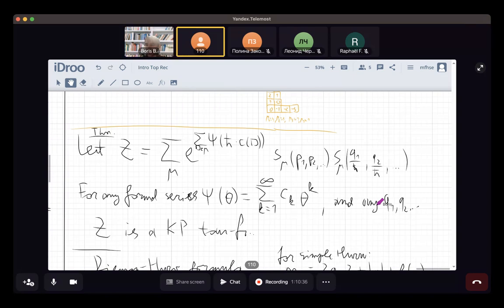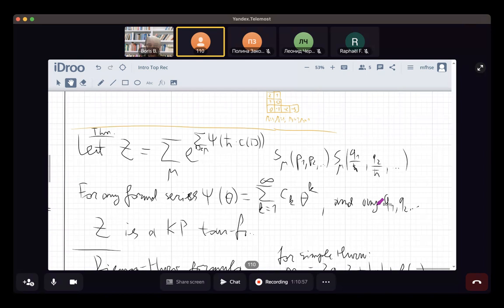anyway. What we're saying is that we have almost proved that it's a KP tau function. What I mean by almost is that if we put Q1 over h bar to 1, Q2 and so on to 0, then we have proved it, right?